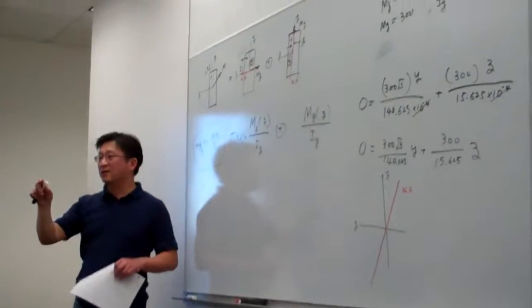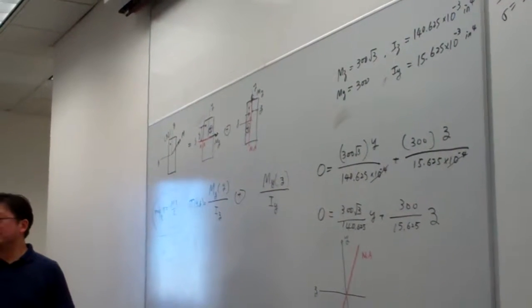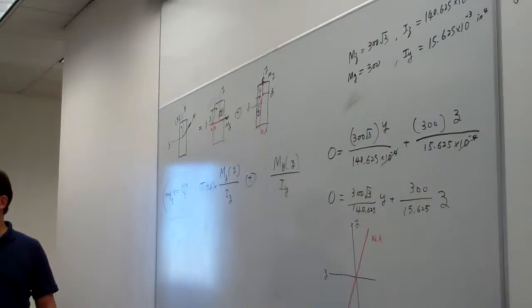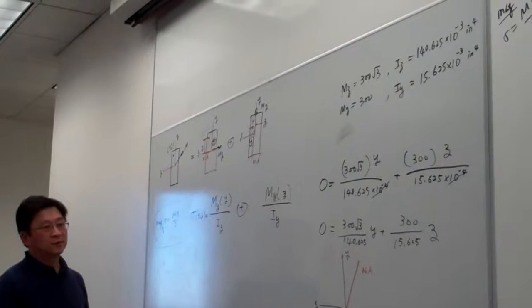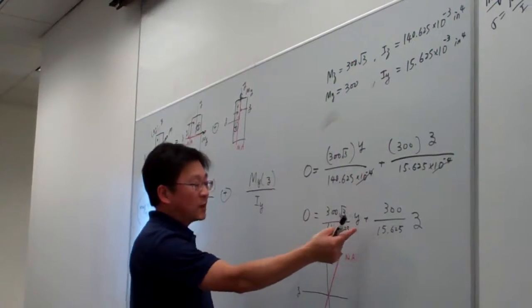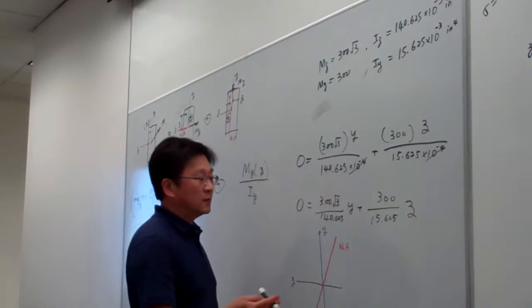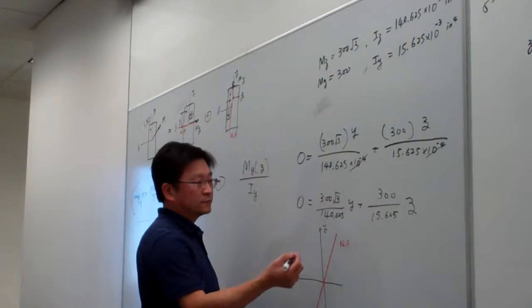Yes? So wouldn't the neutral axis slope be downward sloping because one has to be positive, one has to be negative to equal 0, right? Because if they're both positive. So for this one is positive, but now you look at here.